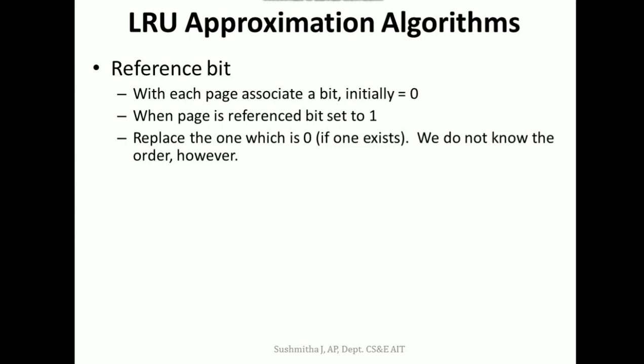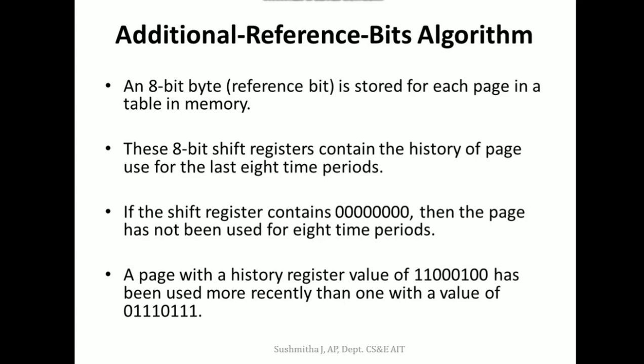So this reference bit is periodically cleared. Now rather than that, I am using an additional set of reference bits. Rather than 1 bit, I am dedicating 8 bits, or 1 byte.